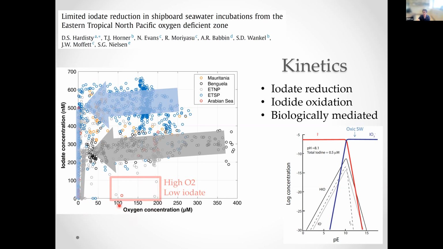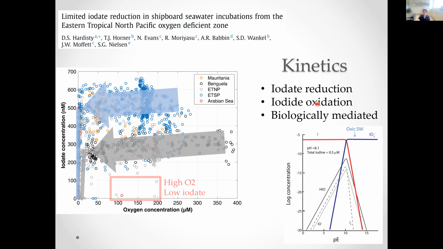This is mostly because of the kinetics of the iodine redox reaction. You have iodate reduction, and you also have iodide oxidation, and both of these reactions are heavily mediated by biological processes.